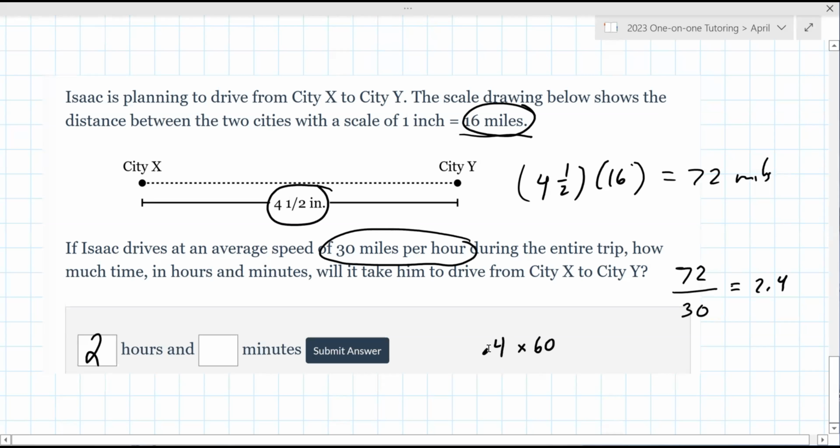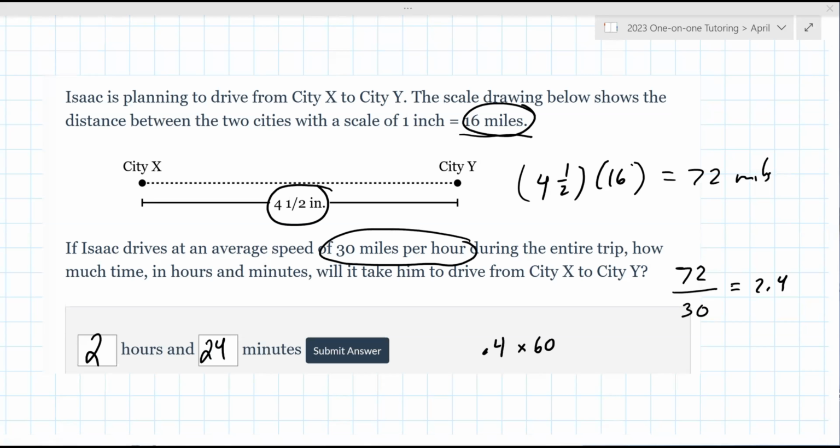Sorry. Time is one of these really awkward things. We live in hours and minutes, but computers do it in decimals like this, and we never have to do this ourselves. 0.4 times 60. Yeah, 24. Yes.